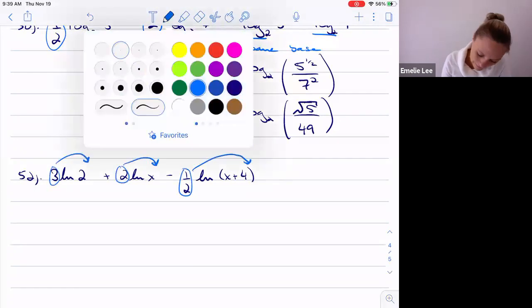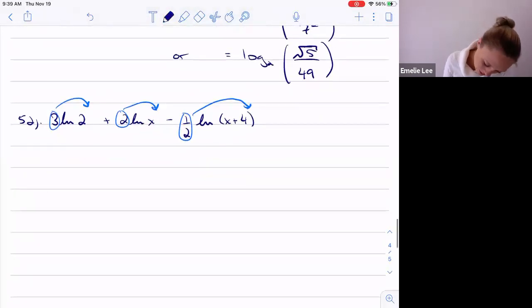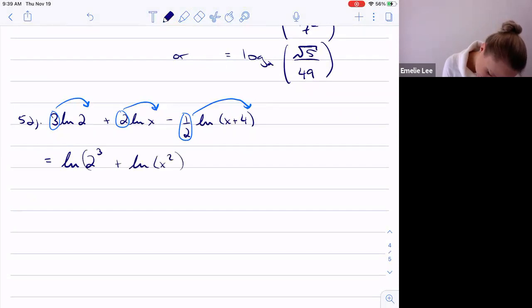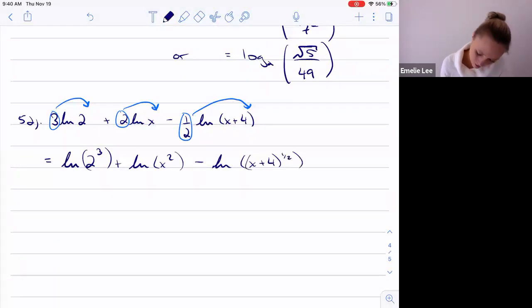So this becomes ln of 2 to the 3 plus ln of x to the 2, put these inside, minus the ln of x plus 4 to the 1/2.